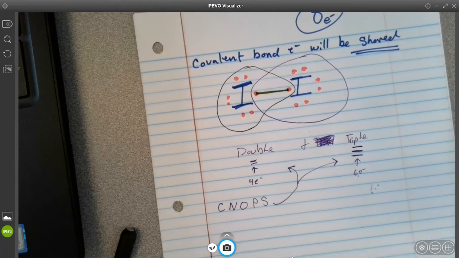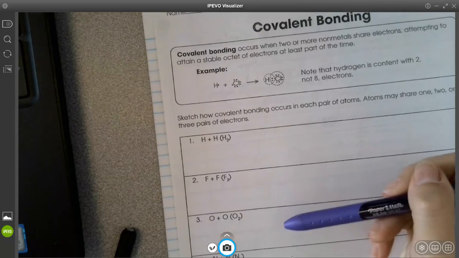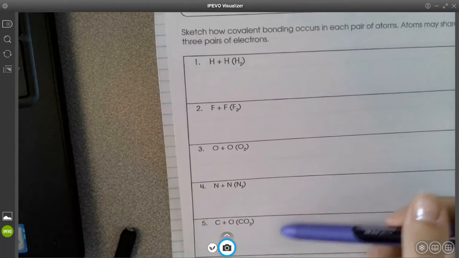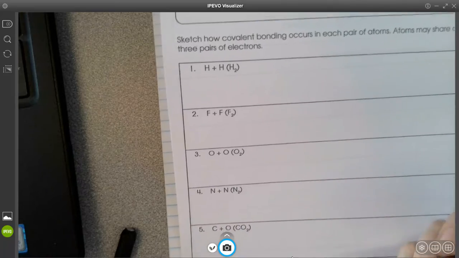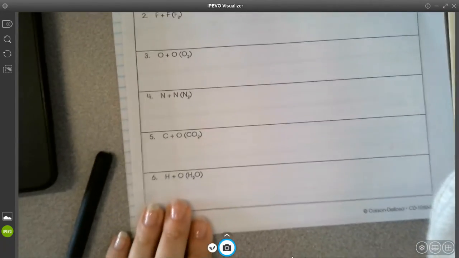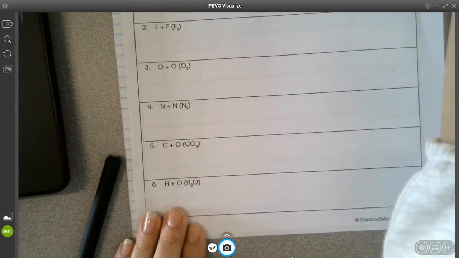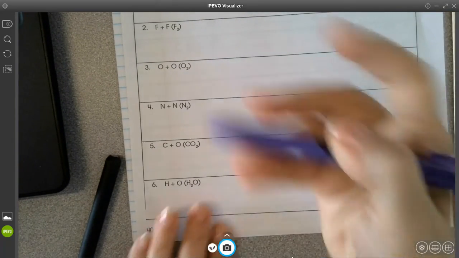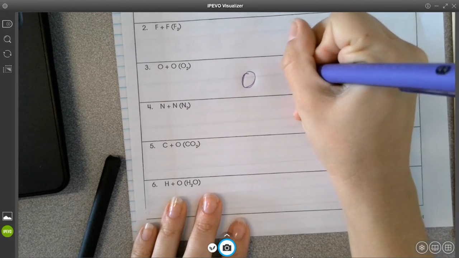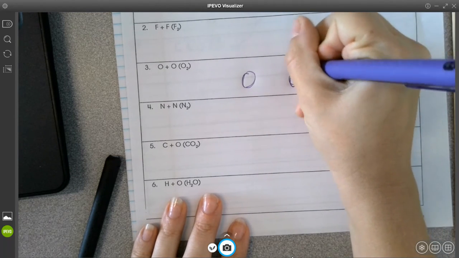This is actually from the worksheet. So we're going to look at oxygen and carbon dioxide here. Those are the 2 problems that we're going to work out together that will show your double bonds. So your first step is to draw out your elements.